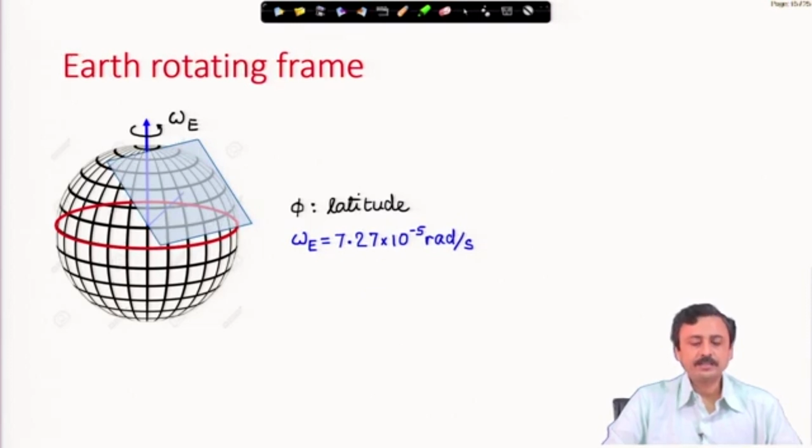I again take this plane which is tangent to the earth at that point, and set up a coordinate system, x in the east, y to the north, and z vertically upwards from the center.